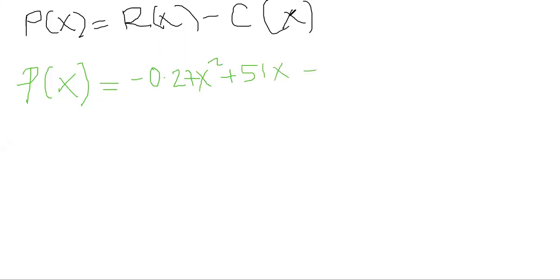The cost. And we know that the cost is given to us in the question already, which is what? In brackets, 2.23 times x raised to the power of 2 plus 3.5x plus 85.